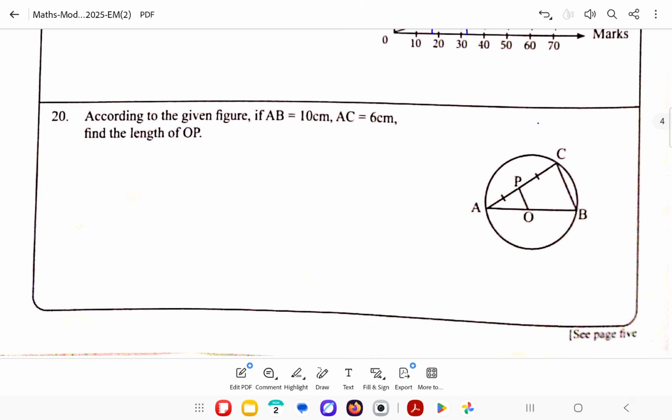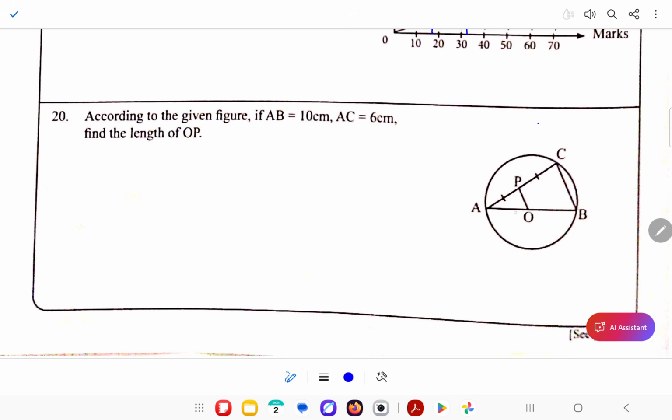Let's look at question number 20. According to the given figure, if AB is 10 centimeters and AC is 6 centimeters, find the length of OP. So O is the center, no? So these are the radius. So AO and OB are equal, and this angle is 90 degrees, no? AB is a diameter, no?